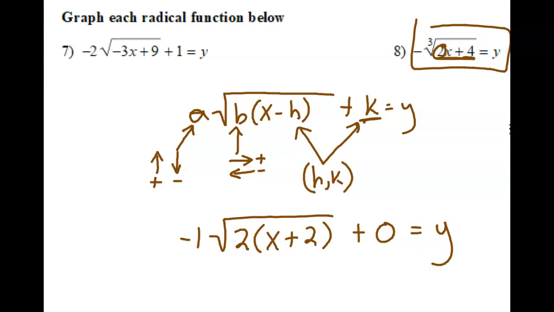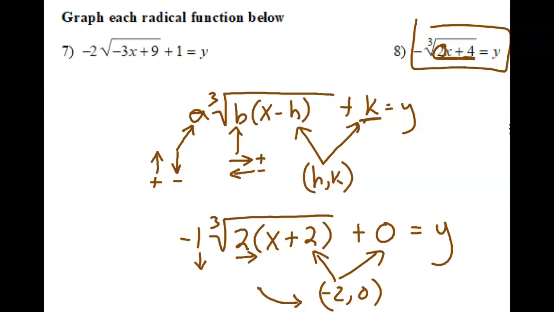Okay, so I've rewritten it so that it looks a little bit more like it should. And now I'm ready to graph it. So my starting point is going to be, oh, and by the way, this is a cube root. My starting point is going to be negative 2 and 0. And since my graph is going to the right and down, it's going to look like this.